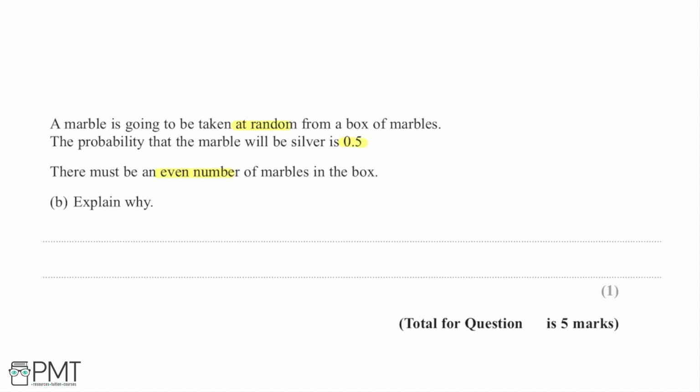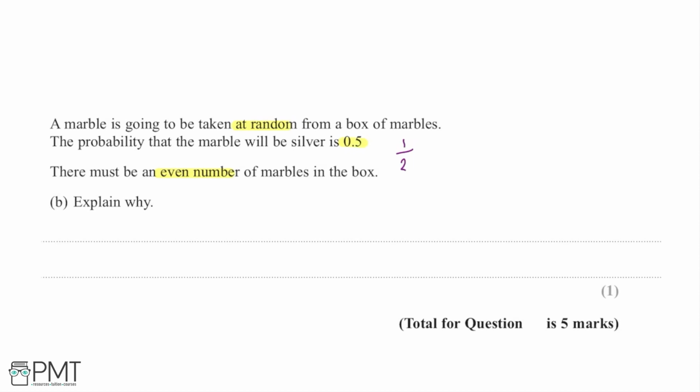So the probability that this marble is silver is 0.5 or a half. So that basically means that half of the marbles are going to be silver marbles and half are not silver. And if half of the marbles are silver, half of the number of the total marbles needs to be a whole number, as we can't have half a marble. So this is where the even or odd comes into play.